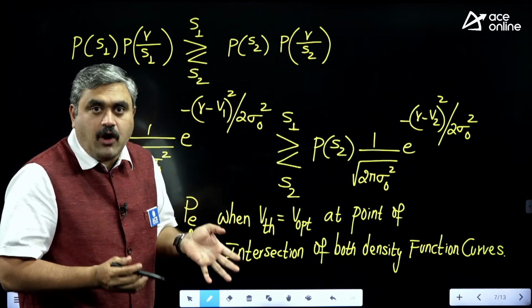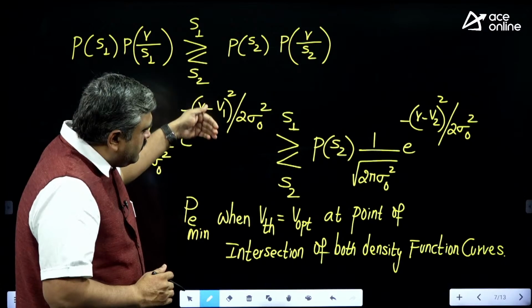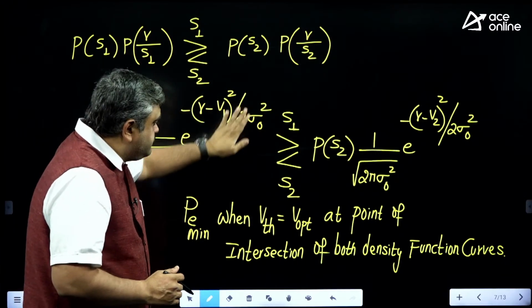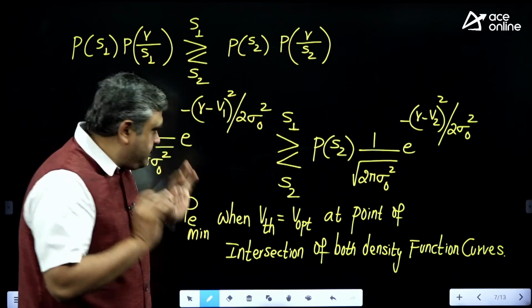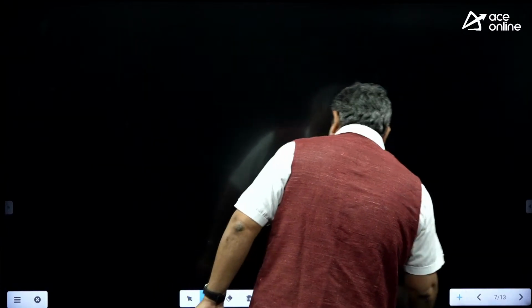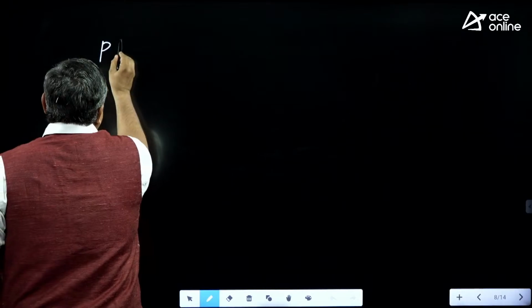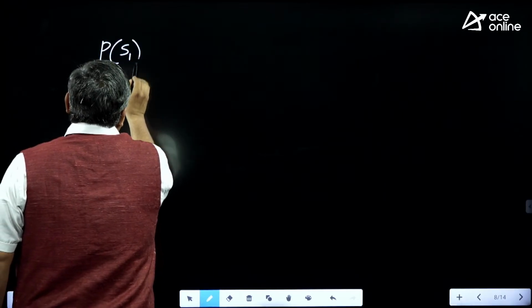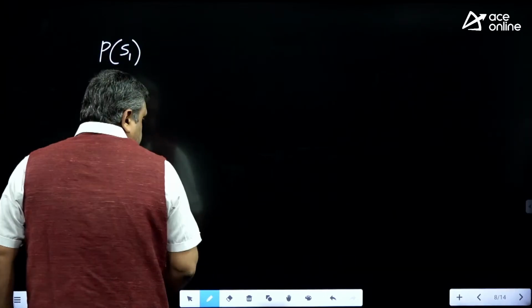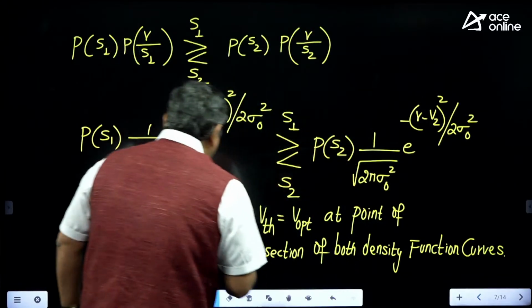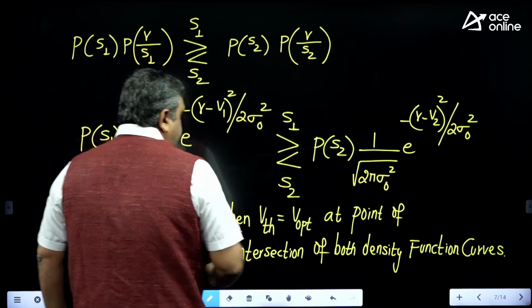That is what we want, the optimum value of the threshold voltage. Instead of greater or less, you equate. That means what we can write here is P of S1 into, this 1 by root 2 pi sigma naught square will automatically get cancelled on both sides.